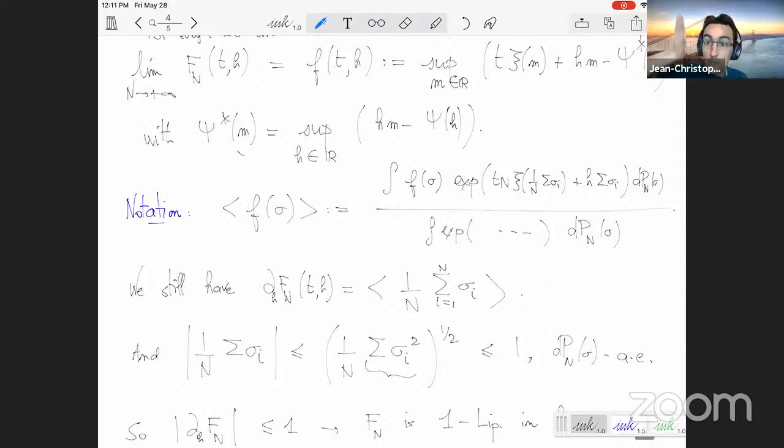So if m is, let's say, 2, then 2h minus psi of h will go to infinity when h goes to infinity, and same in the other direction. So psi star is necessarily plus infinity outside of the interval [-1,1]. And therefore, when I write this with m in R, if instead I write [-1,1], this is the same optimization problem.